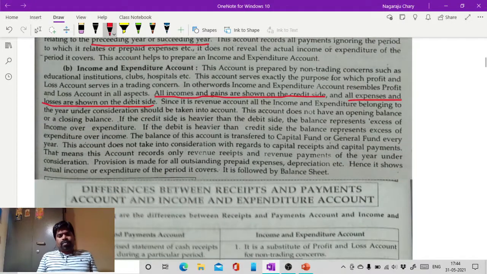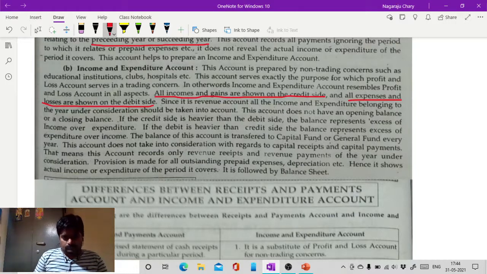So here one thing you have to remember. Earlier we prepared the receipts and payments account. Now we are going to learn the income and expenditure account. In this, some principles are to be followed.